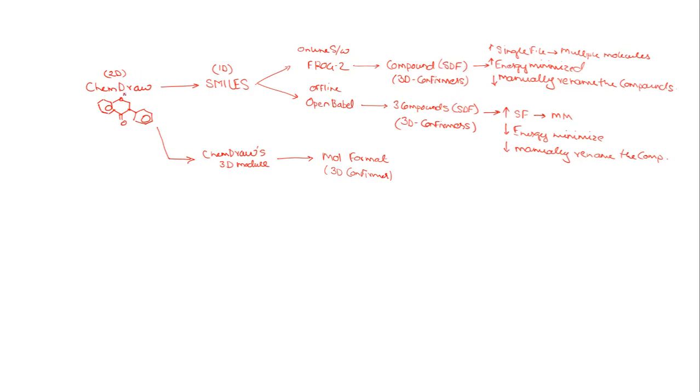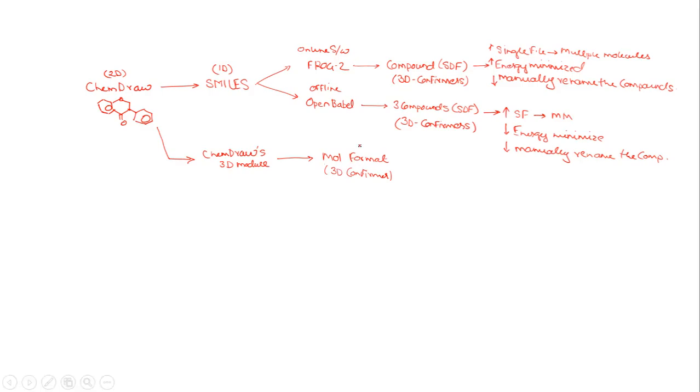But using the CambridgeDraw's 3D module that I have shown you, select the molecule and then go to edit and use that get 3D model command. You have generated a three-dimensional conformer of that molecule, and you have subsequently saved it in this mol format.